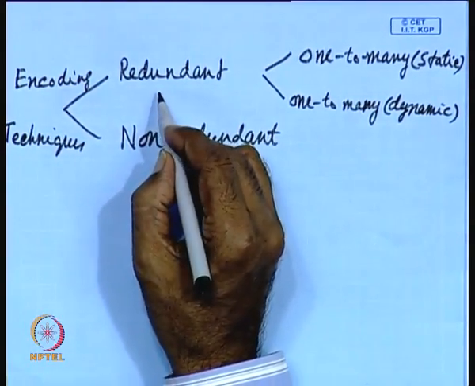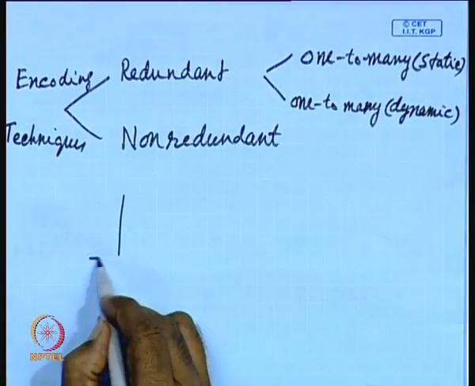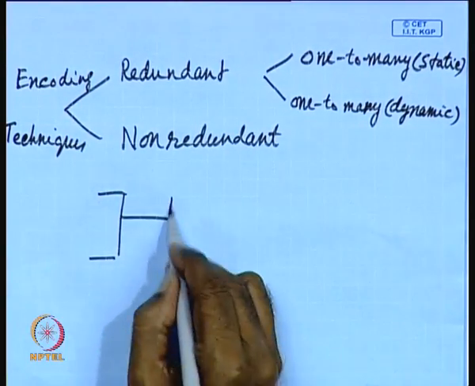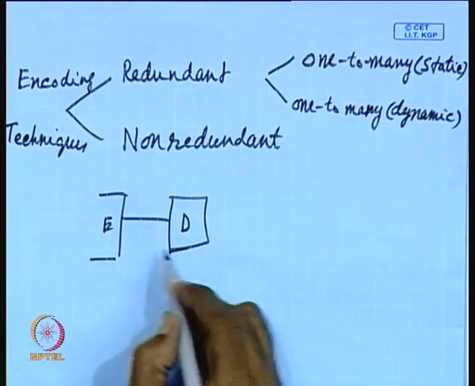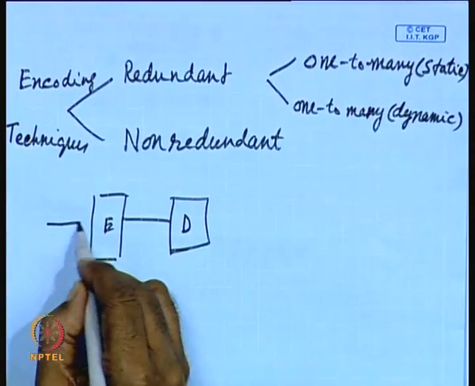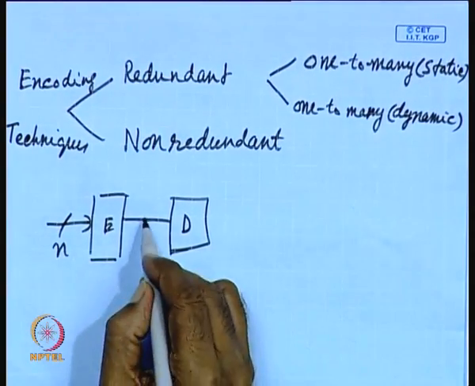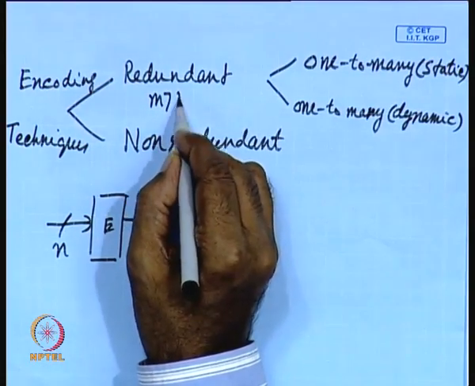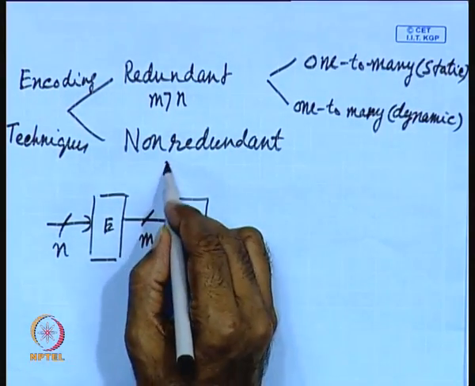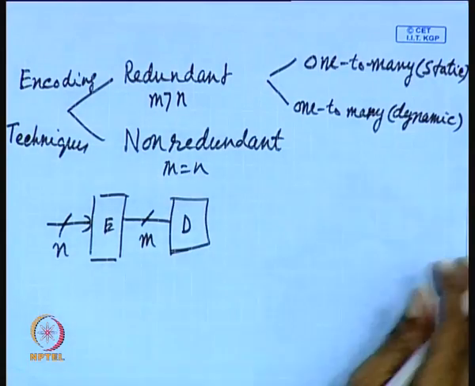Redundant means that whenever you are sending, here is your encoder and here is your decoder. To the encoder say n bits are applied and it generates m bits. When m is greater than n, then it is redundant, and as you know, when m is equal to n, then it is non redundant.